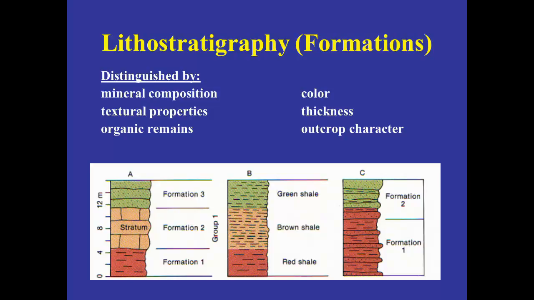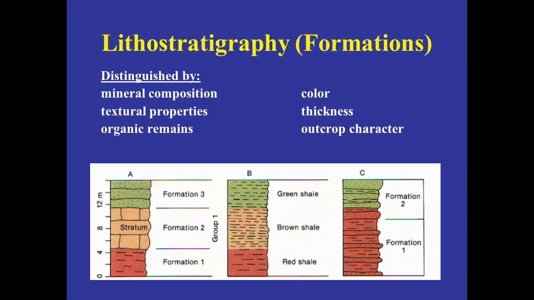In this illustration, to the left, for example, we have three formations distinguished: Formation 1, Formation 2, and Formation 3. In this particular situation, they simply grouped the shales into Formation 1, the limestones into Formation 2, and the sandstones into Formation 3. So that's pretty straightforward.